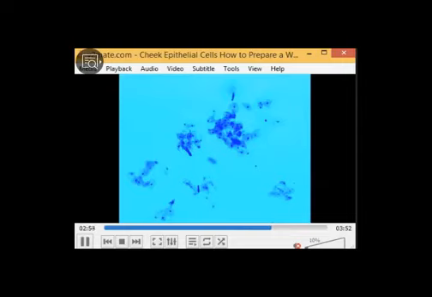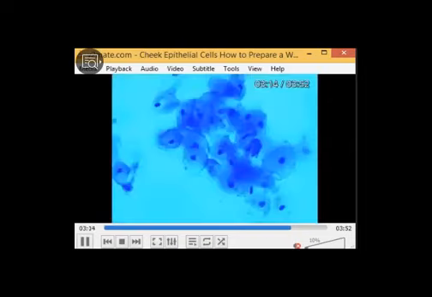This is in low power. When you increase the power of the microscope, you will see that they have become big. You can see many cells overlapping each other, one over the other.